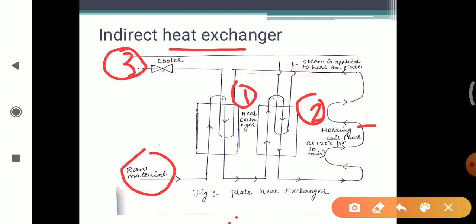Three things that we have to remember: the media or raw material passes through the heat exchanger, holding coil, and the third one, the cooler.